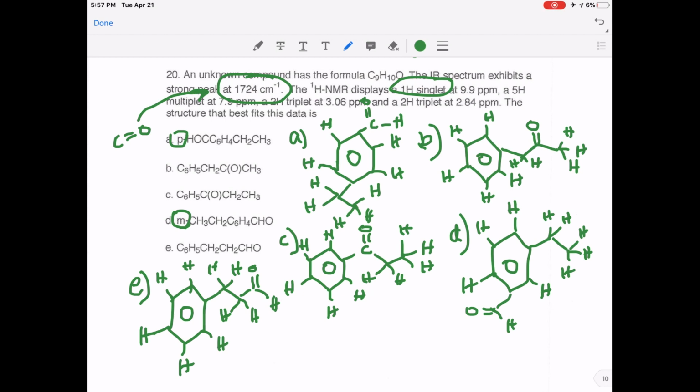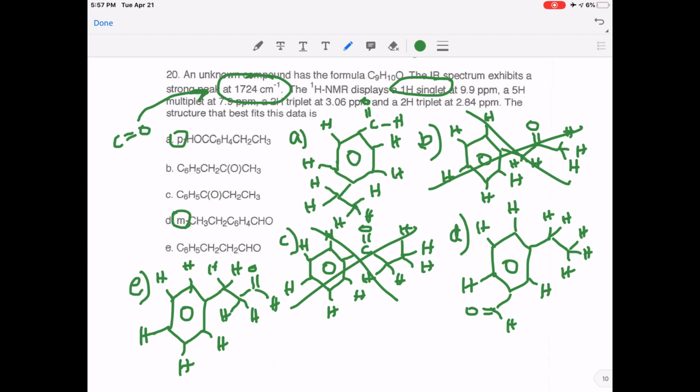And in the case of the ketone, we don't have a proton attached to it. So that means that any choices with a ketone in it would be rendered incorrect. So that immediately knocks out options B and C. However, now we have options A, D, and E.